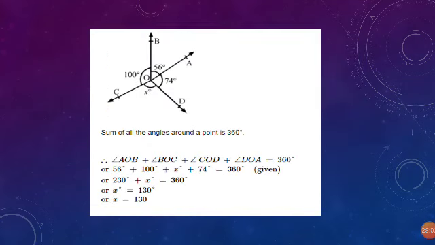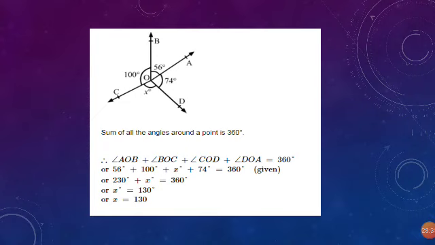Next one, see the figure. Sum of all the angles around a point is 360 degree. So angle AOB plus angle BOC plus angle COD plus angle DOA equal to 360 degree. Angle AOB value 56 degree plus angle BOC value 100 degree plus angle COD value x degree plus angle DOA value 74 degree equal to 360 degree.